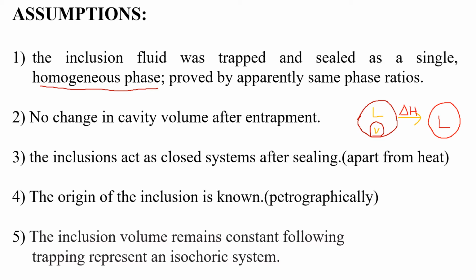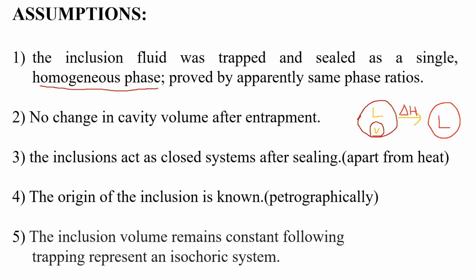But when there is some vapor inside liquid, and with the increase in temperature the size of the vapor increases and the total phase becomes vapor, that will be called a vapor state entrapment.